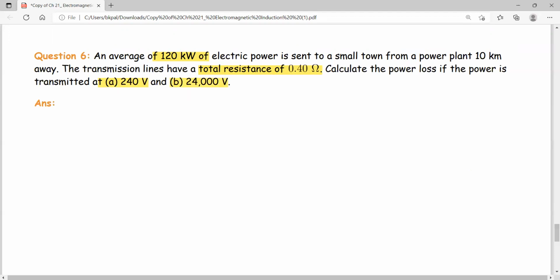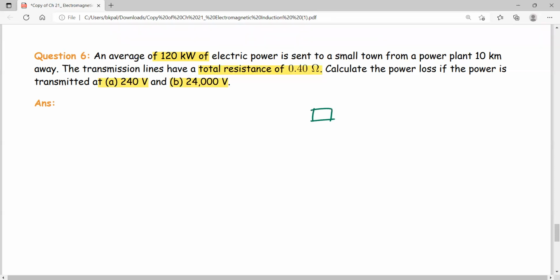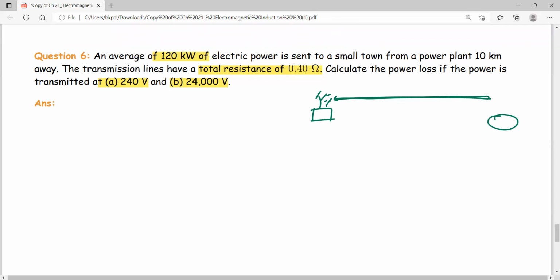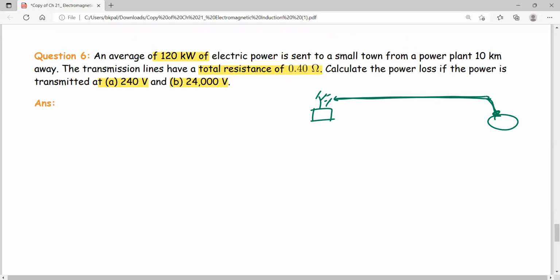If I draw the situation, it will be something like this. Let's say here we have the power station, and this is a long distance, 10 kilometers. And here is a small village, and we are supplying the power from this power station.